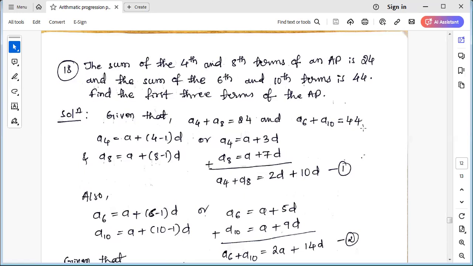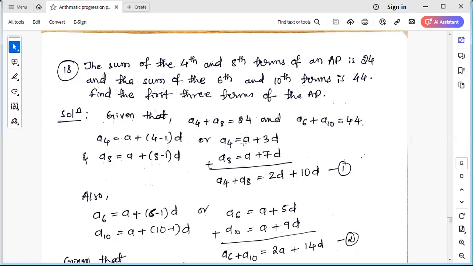Now, how to write? First you write the equation for the fourth term. a4 is equal to a, the first term, plus (4 minus 1) into d, so a4 is equal to a plus 3d because 4 minus 1 is 3.